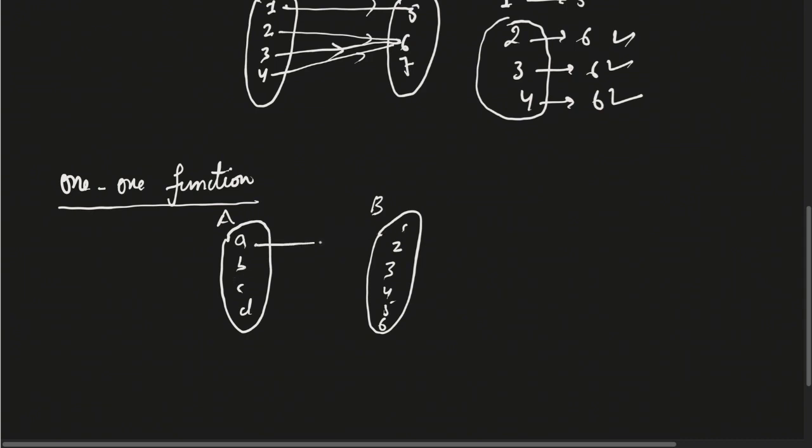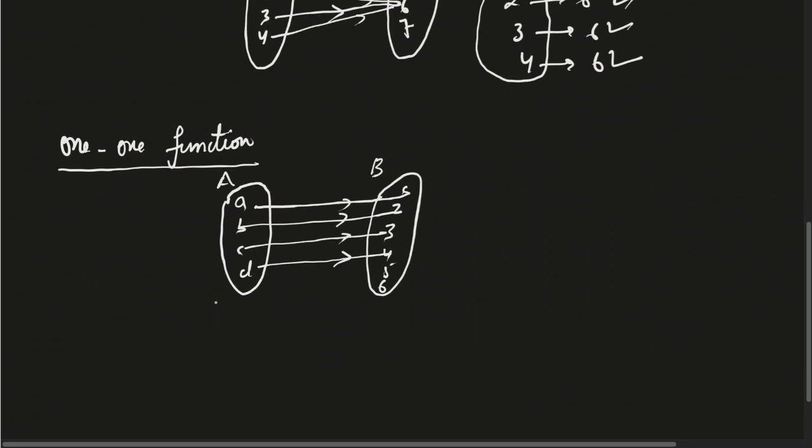So element A has different image, element B has different image, element C has different image, element D has different image. So if the function is in this kind that each element in set A has a distinct image in set B, that is, no two elements in set A can have same image in set B, then this type of function is called your 1 1 function.